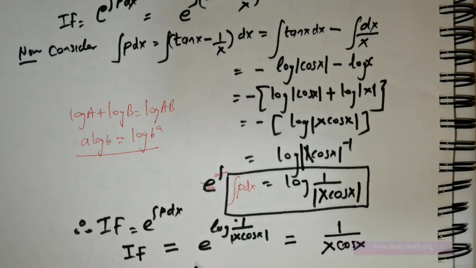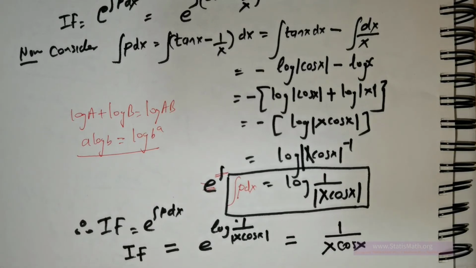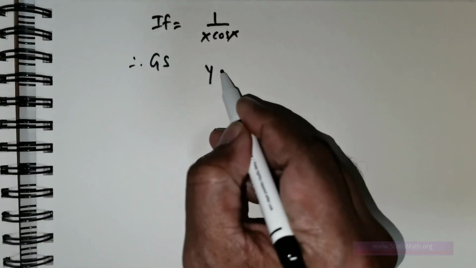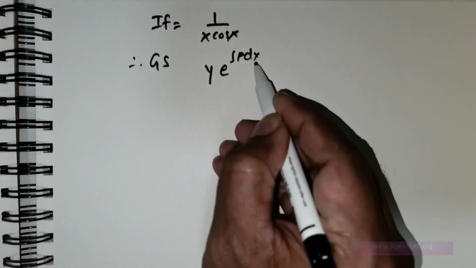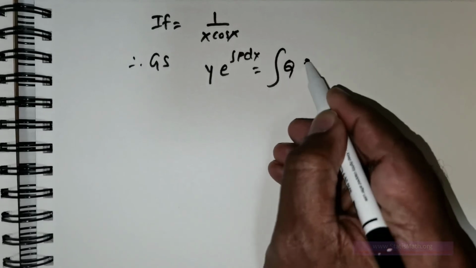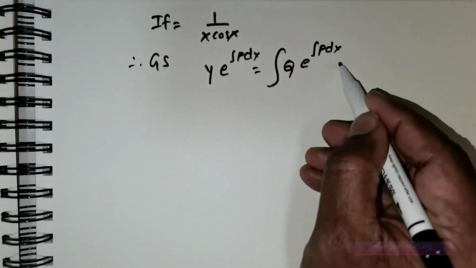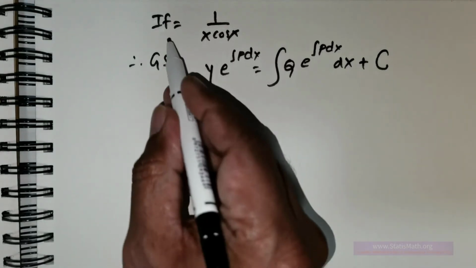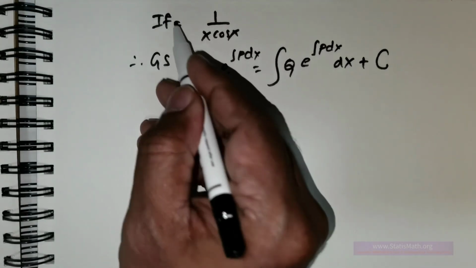I know now the integrating factor. Now we have to obtain the general solution. So the general solution is given as y times e raised to the power integral p dx is equal to integral q times e raised to the power integral p dx times dx plus arbitrary constant c. Now we know that the integrating factor is this.